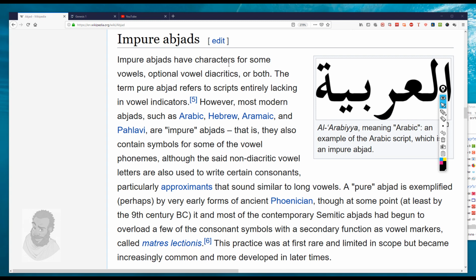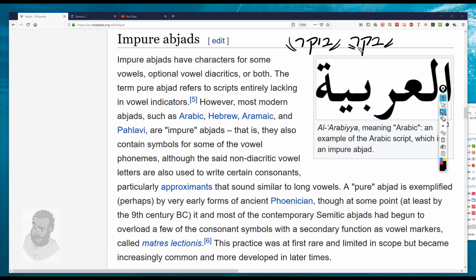Impure abjads have characters for some vowels, optional vowel diacritics, or both. This is what I was saying. When you have beth, you have qaf, you have rish. Beth, qaf, beth, wow, qaf, rish, and that's boker. This is less ambiguous. It's an impure abjad, but it's less ambiguous.